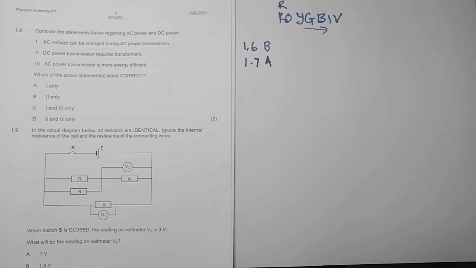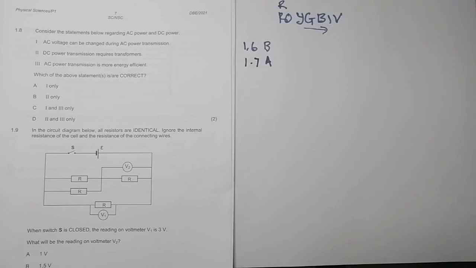Okay, next question, 1.8. They say, consider the statements below regarding AC and DC power. They say AC voltage can be changed during AC power transmission. That would be true. Remember that we can always change AC during power transmission, using either a step-down or step-up transformer.